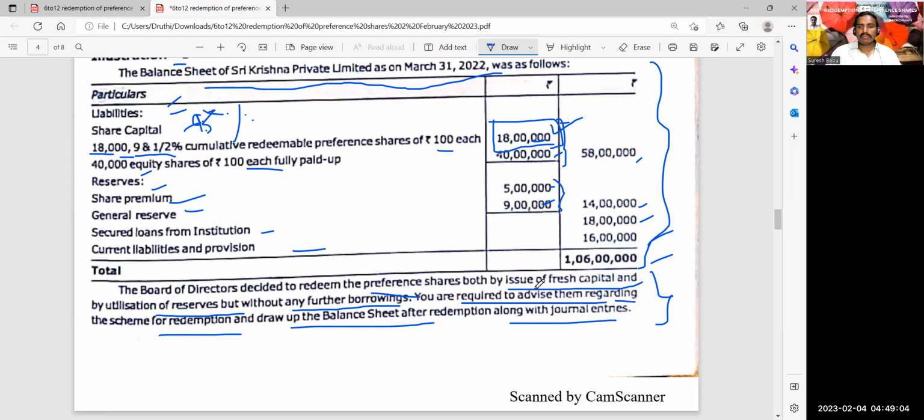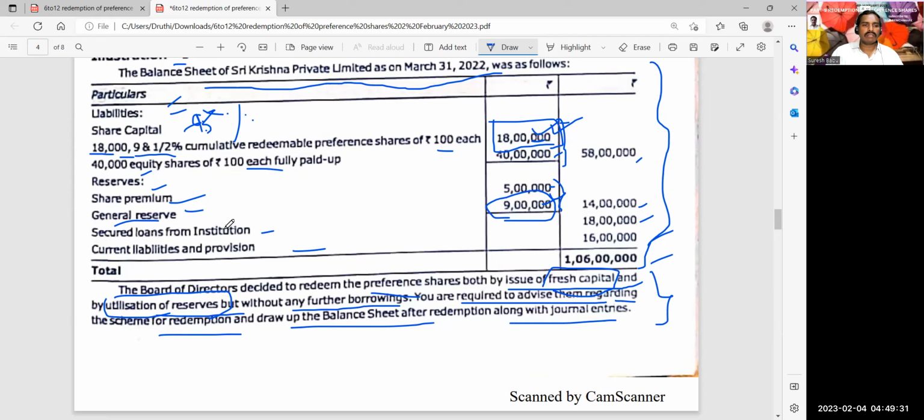The preference shares are to be redeemed both by issue of fresh capital, that is fresh shares, and utilization of resources. What resources could be utilized to repay the nominal amount to preference shareholders? You could utilize general reserve. How much general reserve is available? 9 lakhs.